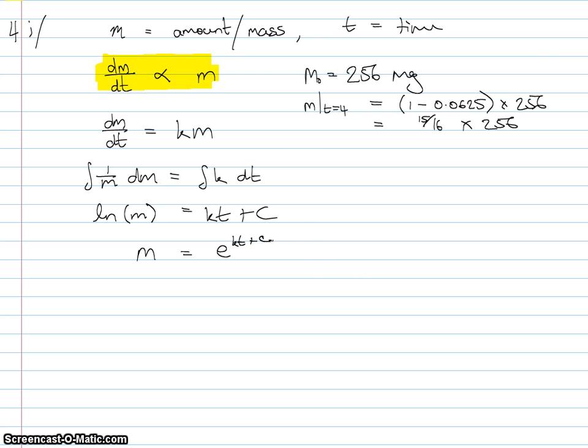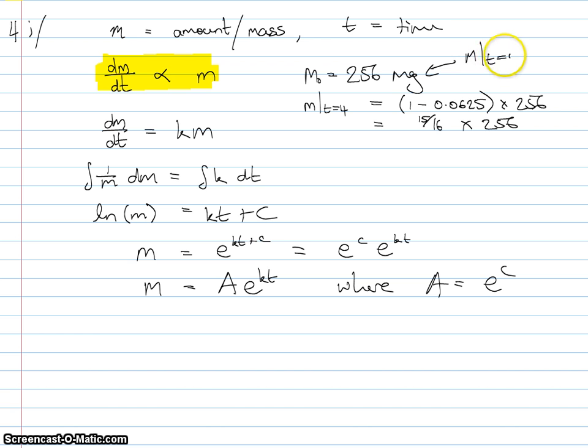Now this is, of course, equal to e to the c times e to the kt from our log rules, and so I can just rewrite this as m equals a e to the kt, where a is equal to e to the power of c. So I know initially there are 256 milligrams, so this is the same thing as m when time is equal to 0.